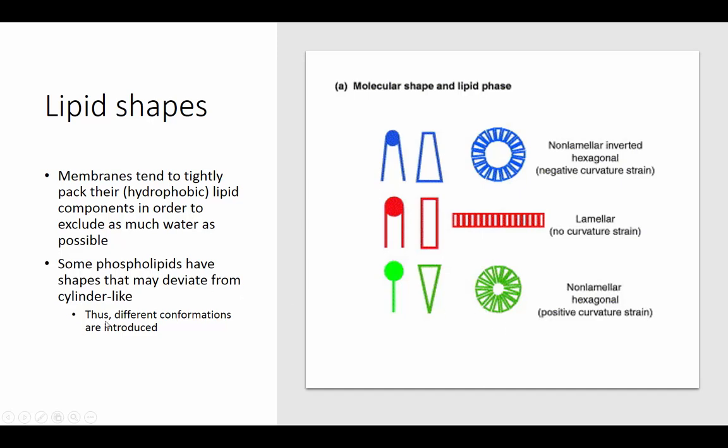So different conformations can be introduced depending on the shape of the lipid, and that's dictated by the chemical structure here, whether you have double bonds, single bonds, how many chains you have. Those are the things that need to be considered here.